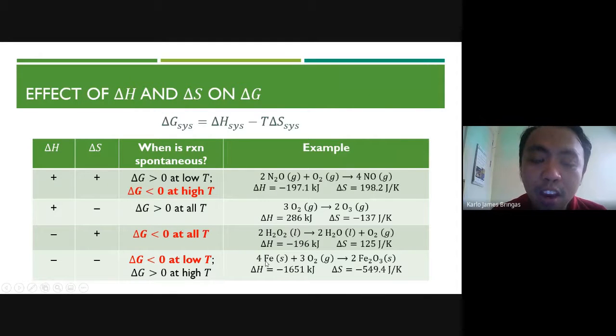So if you now have a reaction like this one, that means to say na, just by looking at the delta H and delta S values, we just have to keep this reaction happening at low temperatures so that it happens on its own. Because otherwise, if we allow the temperature to rise up to a certain value, the reaction will now become non-spontaneous and kailangan na natin magdagdag ng energy. So that is how the delta H and the delta S will affect the delta G.